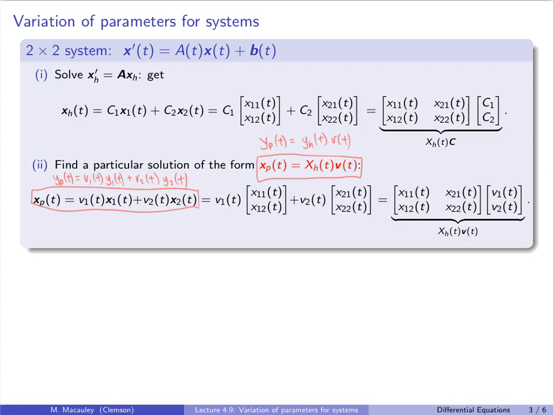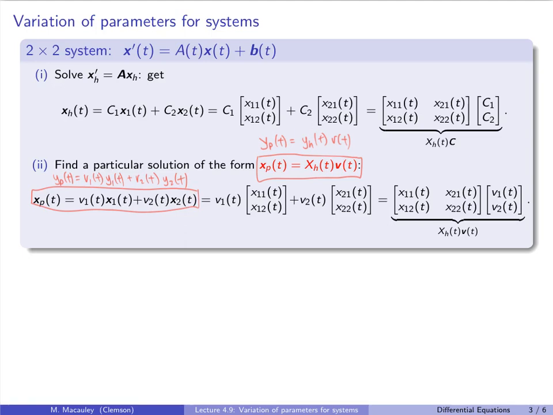Okay, now that we have the correct form of a particular solution, let's actually plug this in and figure out what v of t has to be. Or if you're skeptical that this works, this next step will confirm it.